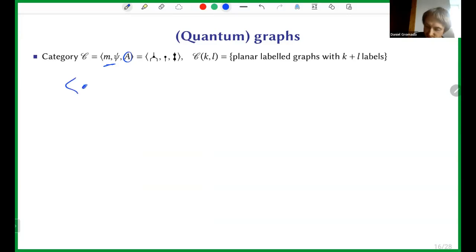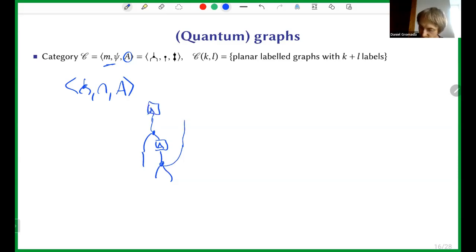So you're sort of studying this category with some extra black box denoted by A. And now the elements of this category are something like, well, those are the spiders, but except for the spiders, you also have those A's somewhere. Maybe put the A also here, and maybe like that, and so on.